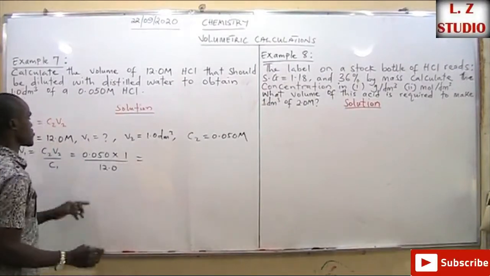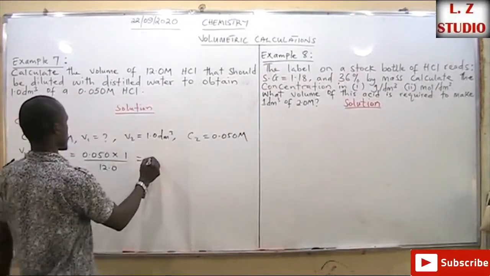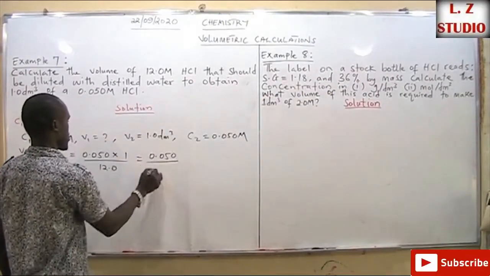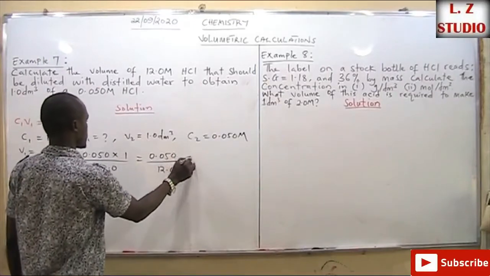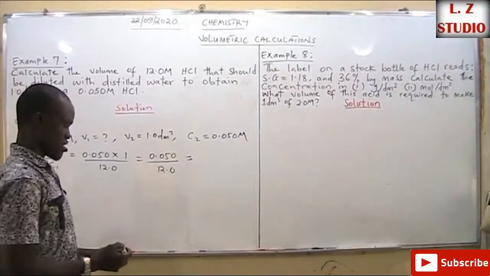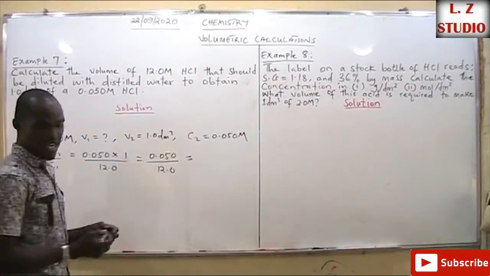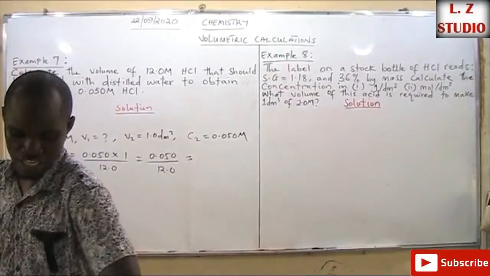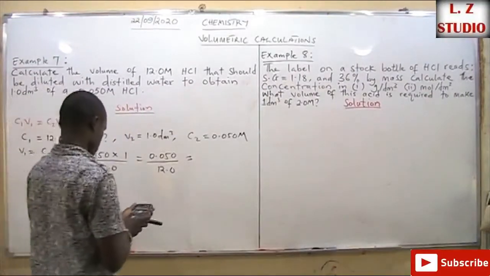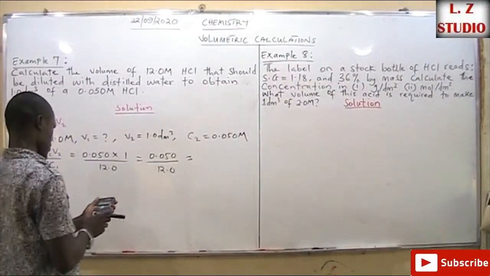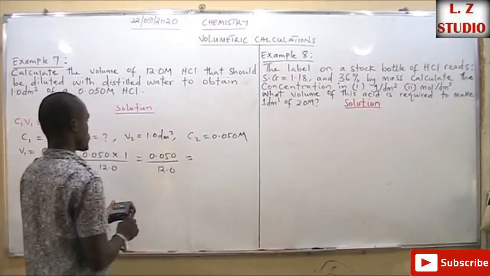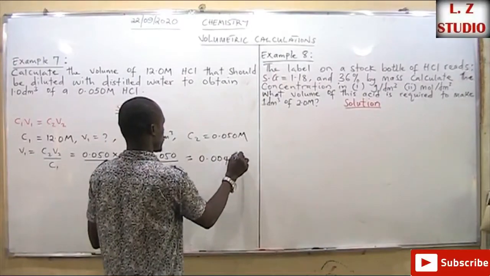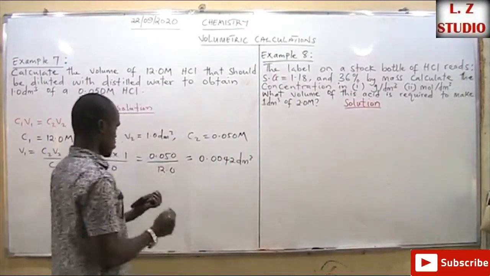So 0.050 times 1 will give you 0.050 divided by 12.0. When we multiply and divide here, we arrive at our final answer, which is 0.0042 dm cube. Is that okay?